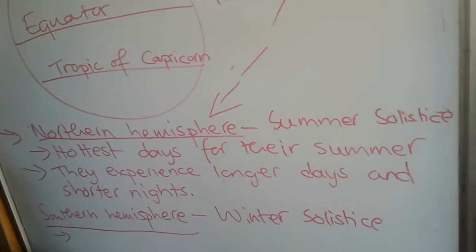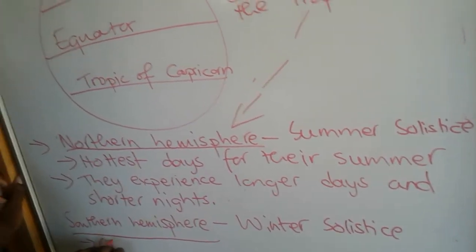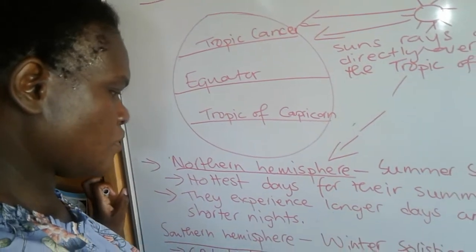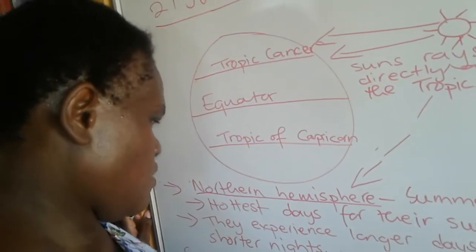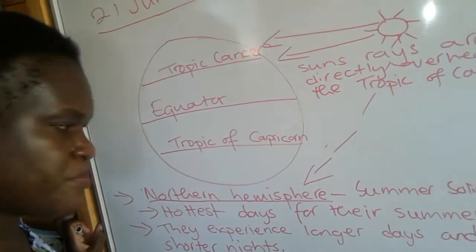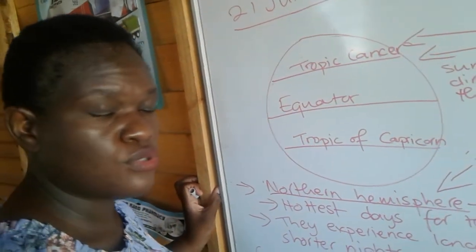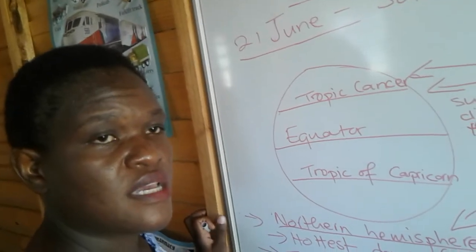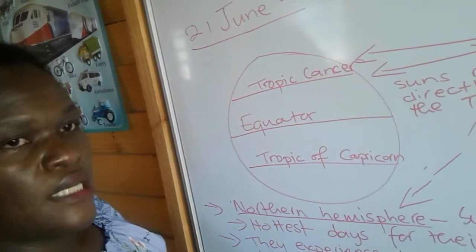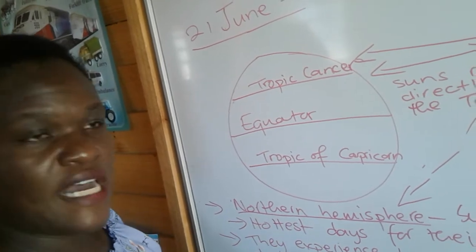We experience the coldest days of winter. During this particular time, 21, 22 June is one of our coldest days. The earth is actually tilted away from the sun. It's very, very cold for us.